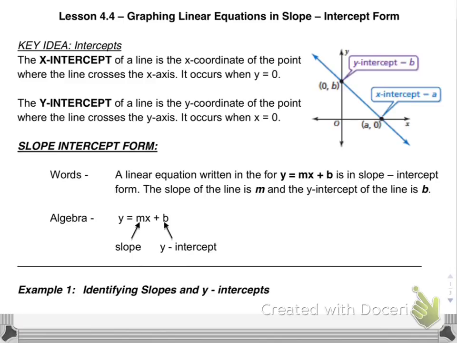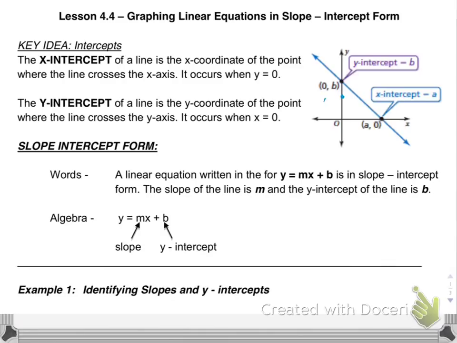Okay? Second vocabulary word is called the y-intercept, and it's really the same thing, only it is this purple point right here. It is the point where my diagonal line crosses the y-axis. Again, we might not know what this b number is, but we do know that it's always going to be 0 comma something.